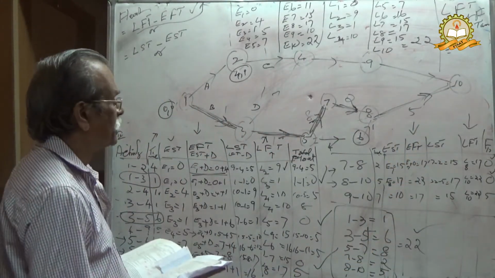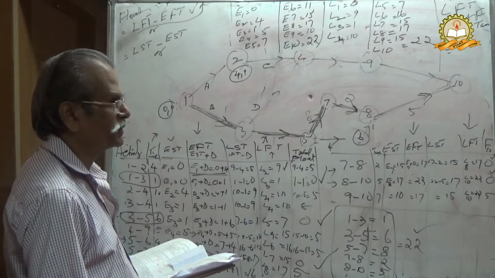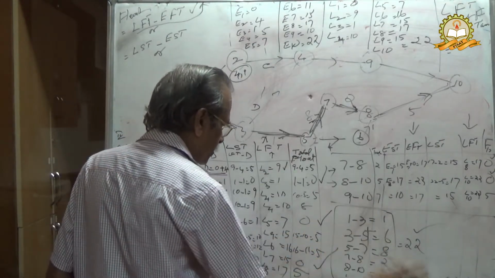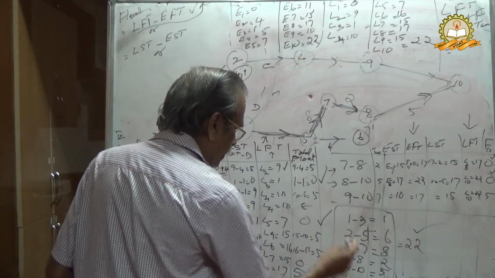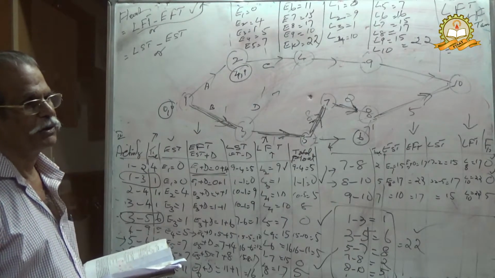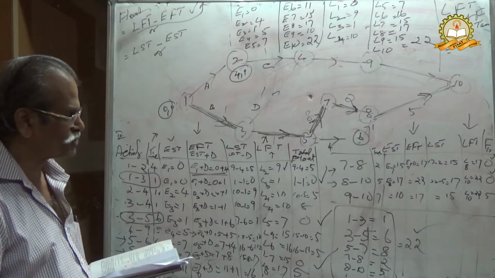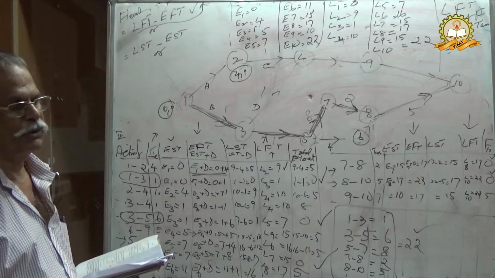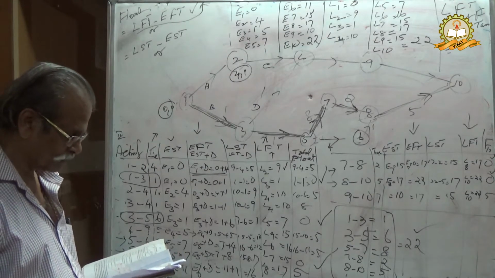Therefore, you can write the critical activities are 1 3, 3 5, 5 7, 7 8, 8 10, with the duration 1 plus 6 plus 8 plus 2 plus 5, total equal to 22 months or hours, as you like.